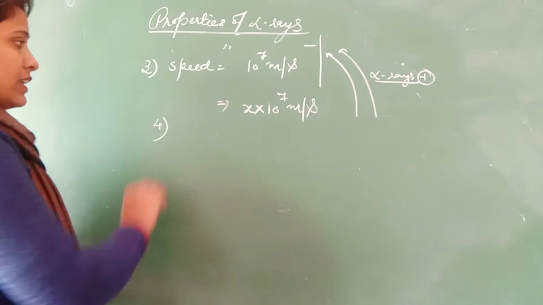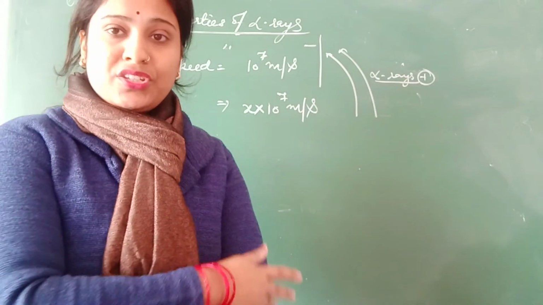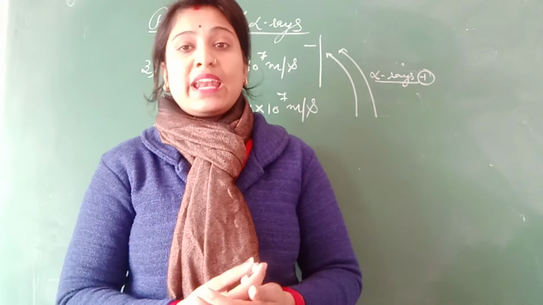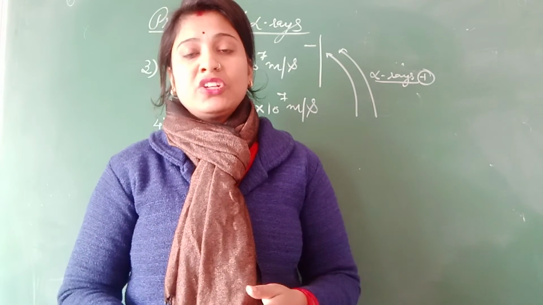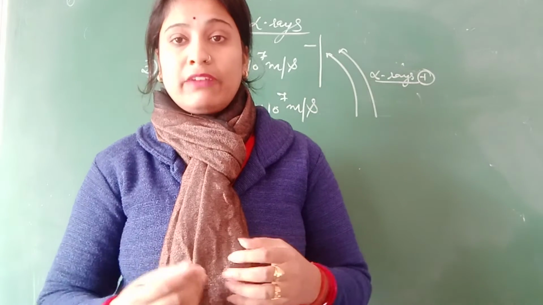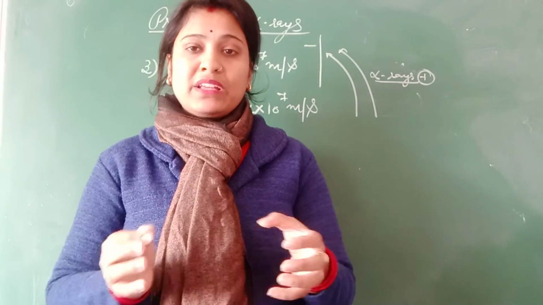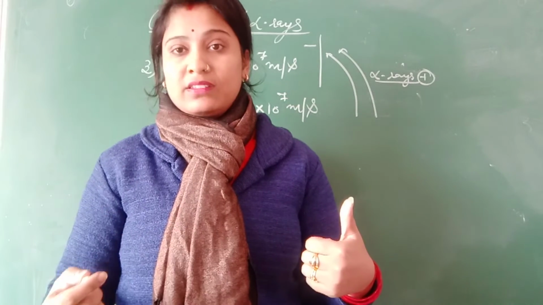Now the fourth is regarding the ionization energy of alpha particles. See, what do you mean by ionization energy or ionization power? Ionization energy is the tendency of the particle that when it is dissolved in water, it completely ionizes and breaks into positive and negative ions.